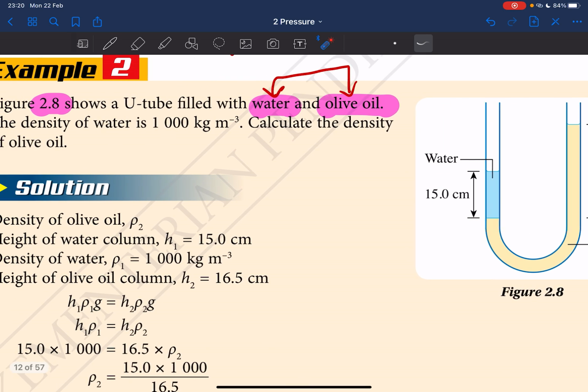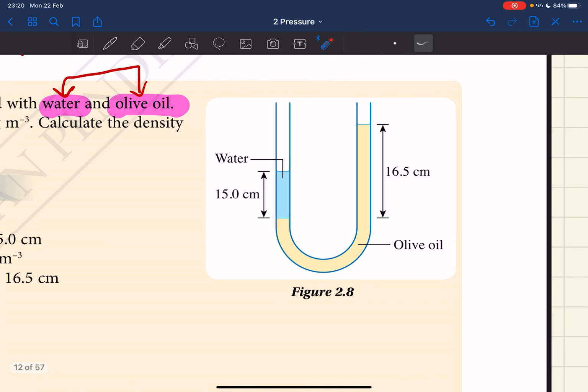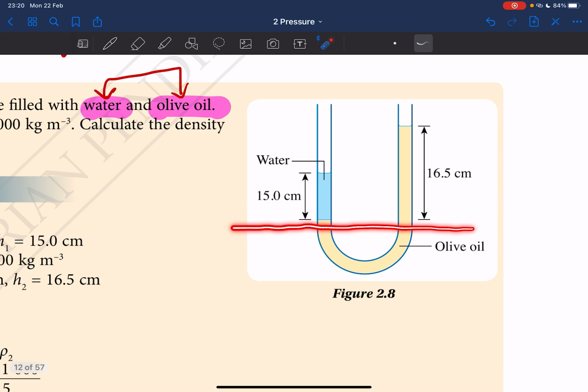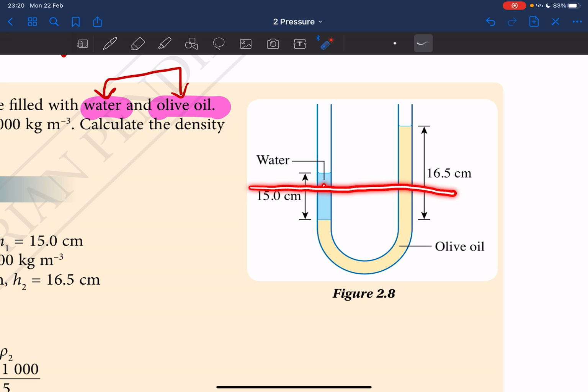Now let's see. The question asks to calculate the density of the olive oil. If I ask you to choose one position where the pressure is the same between the water and the oil, you have to make a straight line. Let's say here, the pressure here is equal to the pressure here. Or if I put another line here, the pressure here is equal to the pressure here.